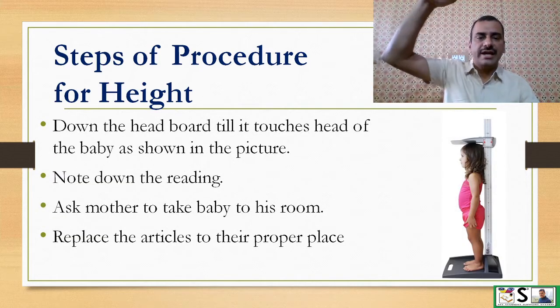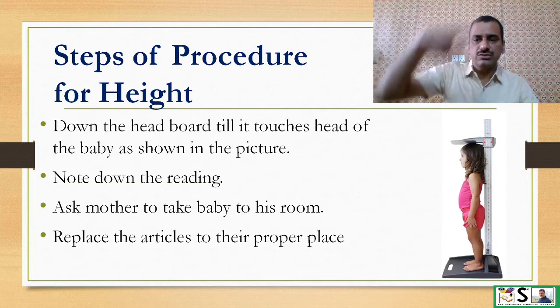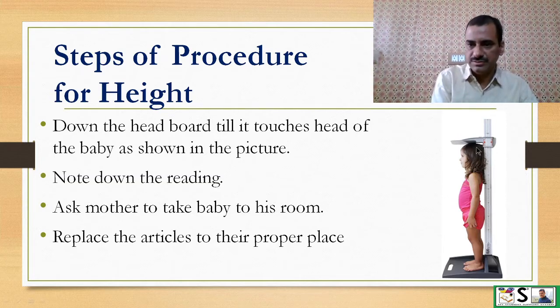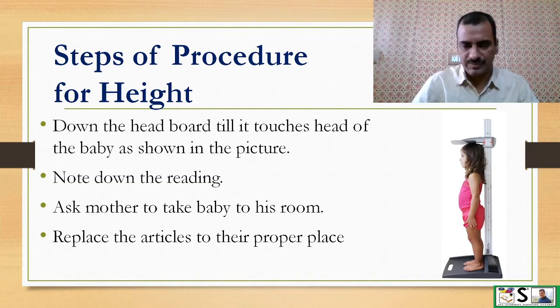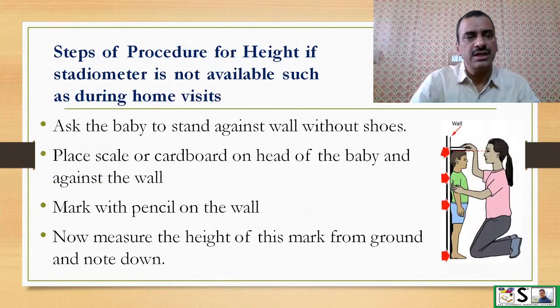Now we bring down the headboard till it touches the head of the baby, and note down the reading here. Ask the mother to take the baby to his room, and we replace all the articles after cleaning them. So this is the procedure for taking height.